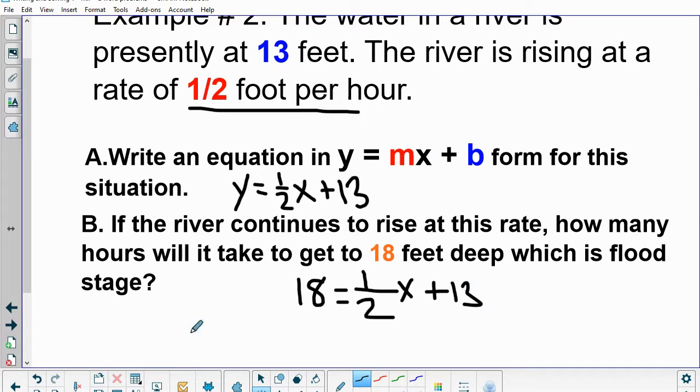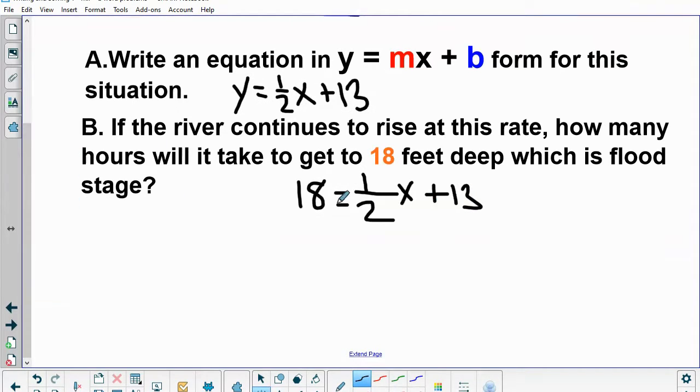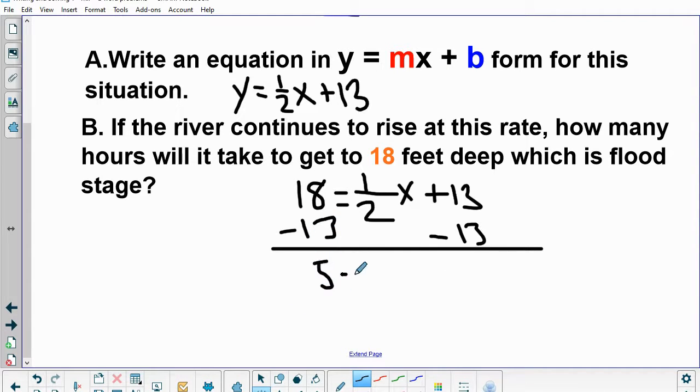When we reach that level, we know it's going to be coming out of the banks. So I've got the equation, and now I've got to solve it for x this time. To do that, I subtract 13. 18 minus 13 is 5, and I have 5 equals 1/2x.